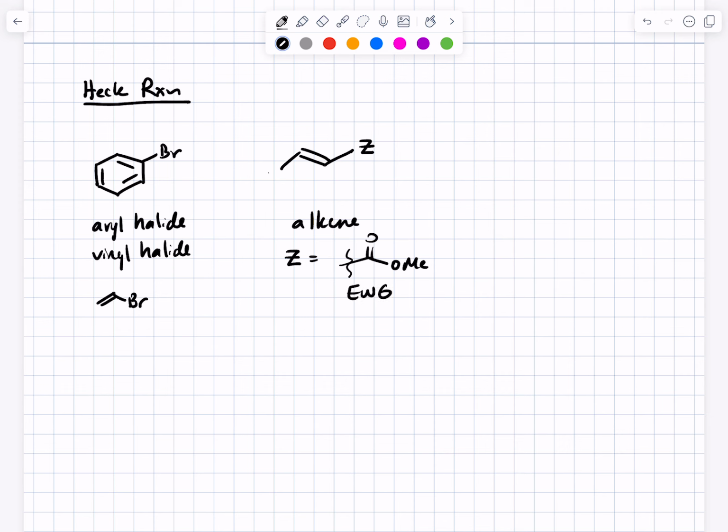Notice the contrast between the Heck reaction and the Suzuki reaction. In the Suzuki reaction, we also had an aryl halide, but over here on the vinyl group, we would have needed a boronic ester, or boronic acid. No need for that for the Heck reaction. This is actually going to make a bond between the carbon in red and the carbon in blue, and we don't need any particular functional group on this carbon.